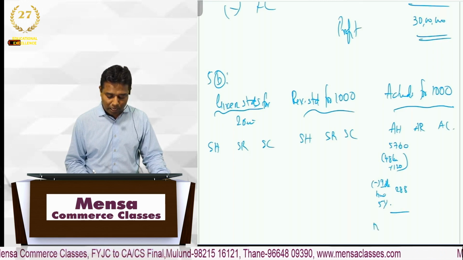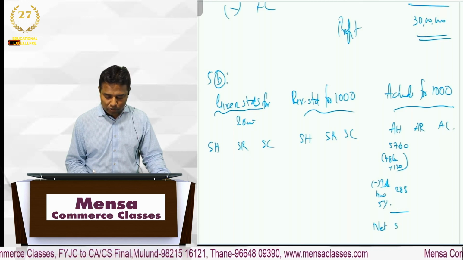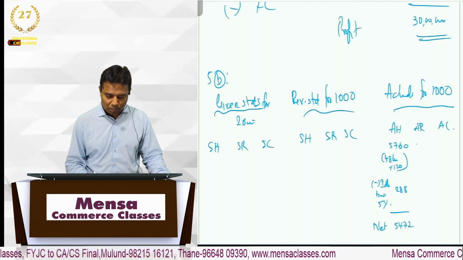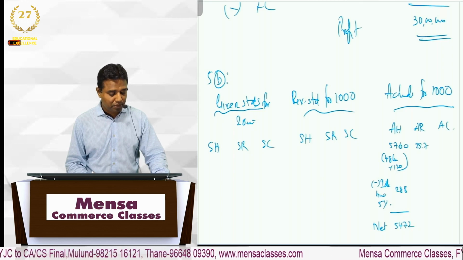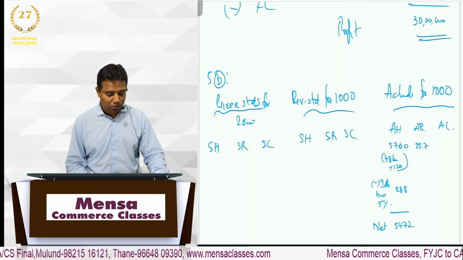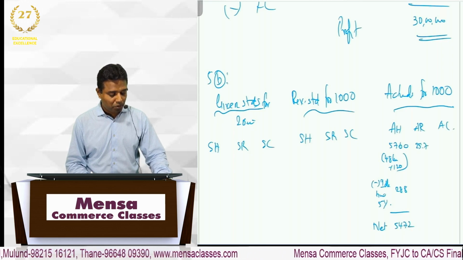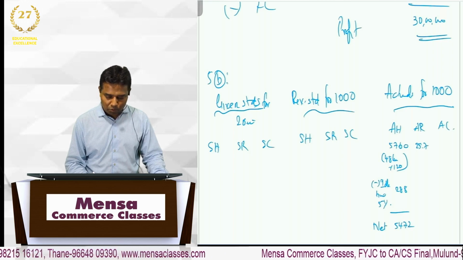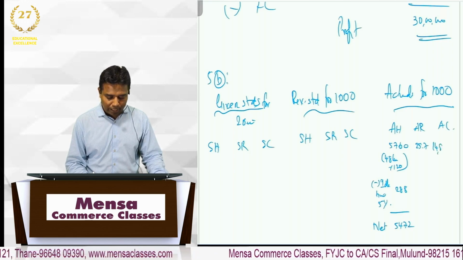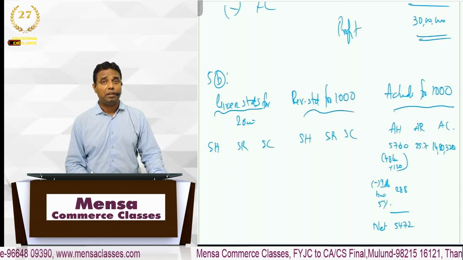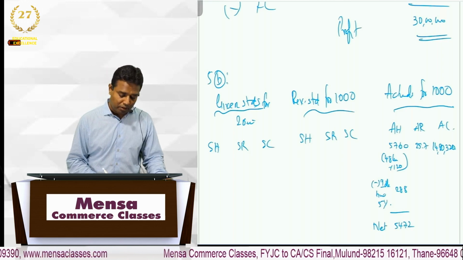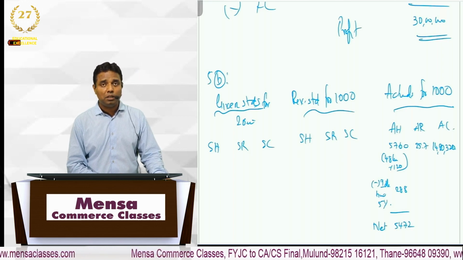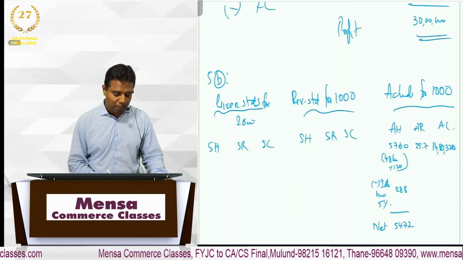So the net labor hours will be 4572. The rate is 25.7. So 5760 into 25.7, that will come to 14,80,320.